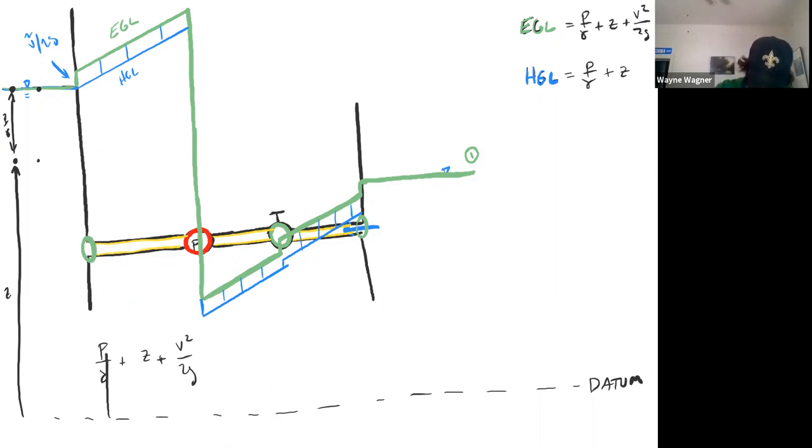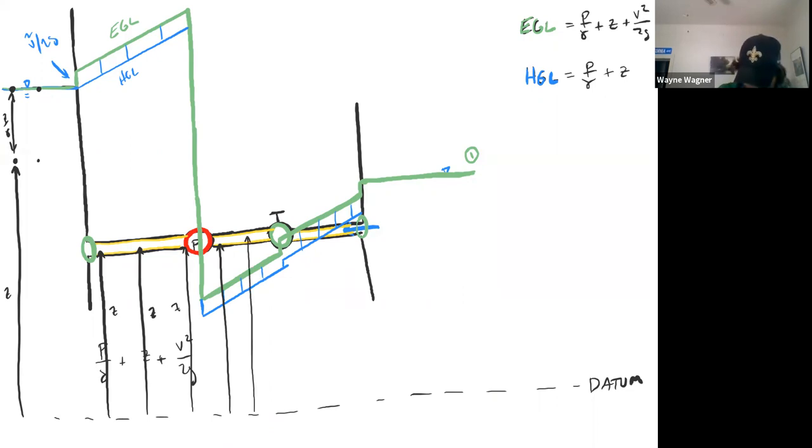And in this pipe, here's my Z. And Z in this problem does not change. It does in other problems, but Z is up here. Then we've got V squared on 2g, which is this, and it's the same everywhere.